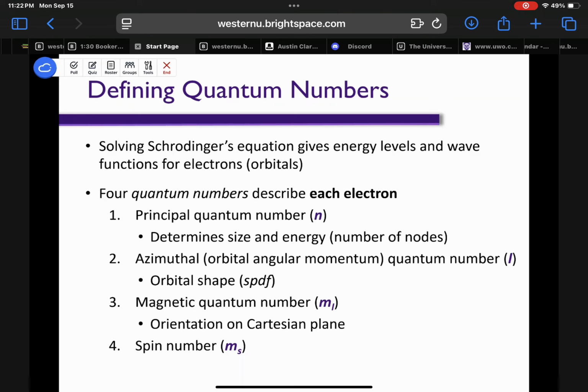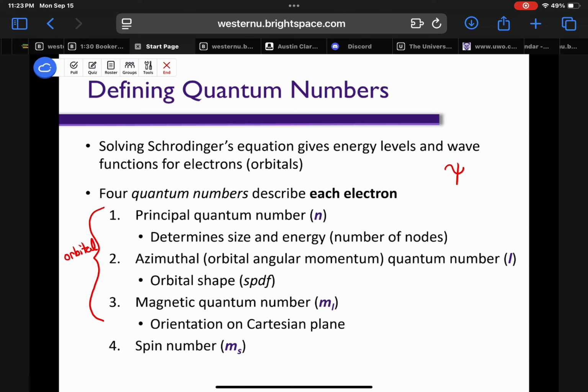Solving Schrödinger's equation, we get 3 quantum numbers plus 1. So we have 4 quantum numbers that can describe the behavior of an electron. 3 of these quantum numbers describe the orbital. We've already seen that we can talk about an electron as a wave function.